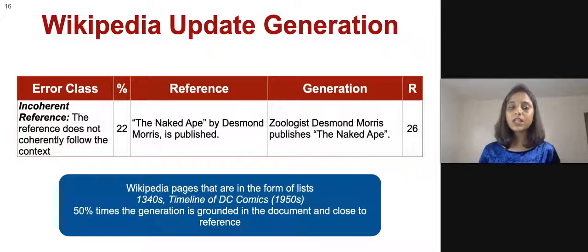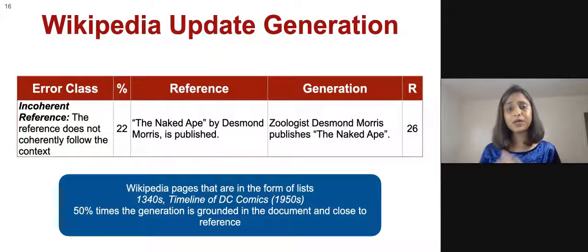The third is incoherent reference, where the reference itself does not coherently fit the Wikipedia context. And this is true for Wikipedia pages that are in the form of lists, like the events that happened in 1340s or the timeline of DC Comics and so on. A good 22% of cases fall in this category. But what we observe is that for 50% of these cases, the generation is actually grounded in the document and very close to the reference, as is shown in this example here.